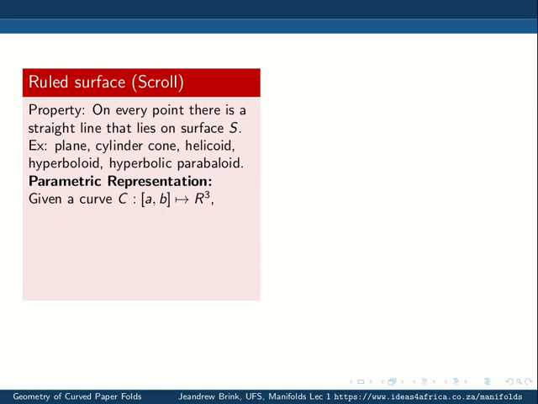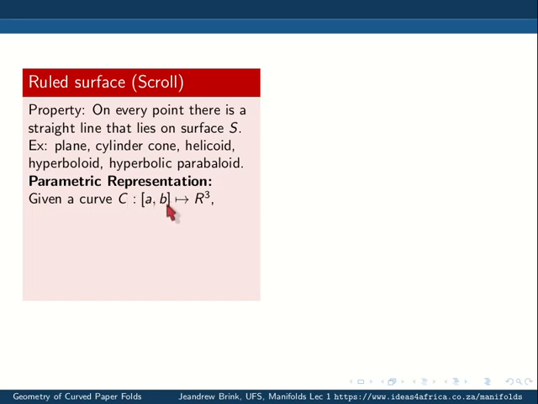So now, with these surfaces, the easiest way of representing all of them is to use the parametric representation. The parametric representation of a ruled surface or curve is simply a simplified version of what we looked at in the previous slide.